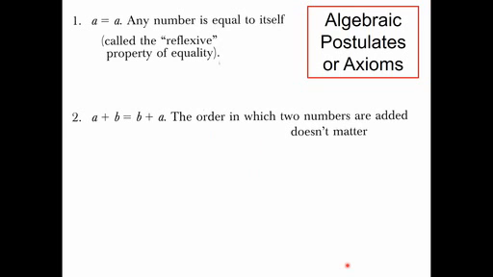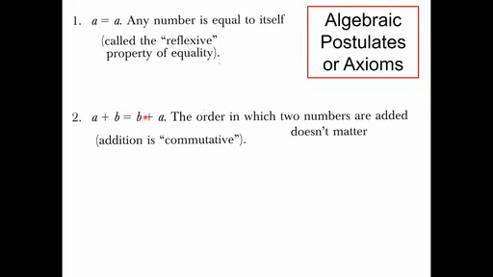Second one, a plus b equals b plus a. Order doesn't matter. And that's how I remember this. Order doesn't matter when you're adding. Well, that's pretty clear. Do you remember the word for this property? The commutative property. A memory mnemonic for me is that if I start at home and I drive directly to work, that distance is going to be the same as if I start from work and drive the same route back home.